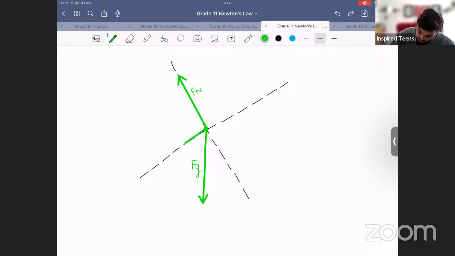It's kind of skewed, so I'm just going to correct it. Pretend that that's not curved. We have frictional force. I can then draw my applied, which is actually 20 degrees from my surface angle.